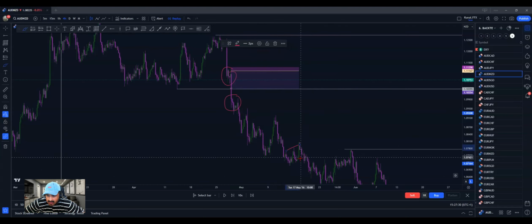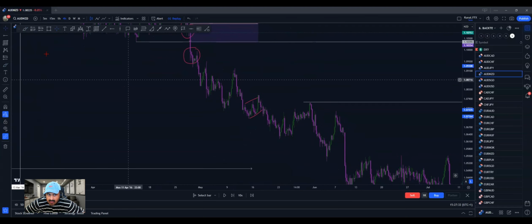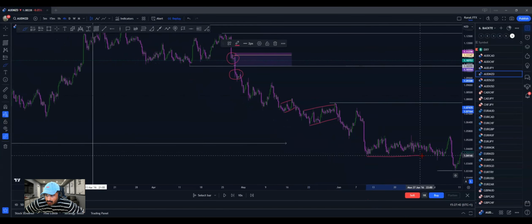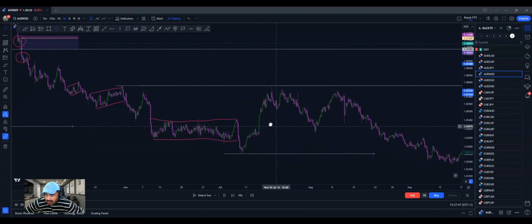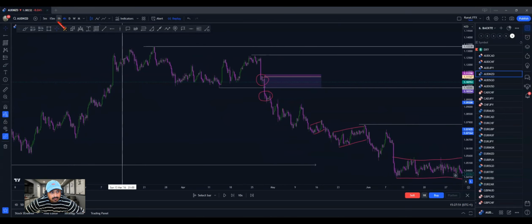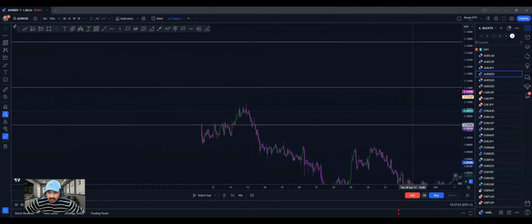There's one nice one here that looks interesting, and then as we move deeper, we've got this bit of accumulation here, and then we pull back, go lower, and all of this section over here, and then we've pulled back.